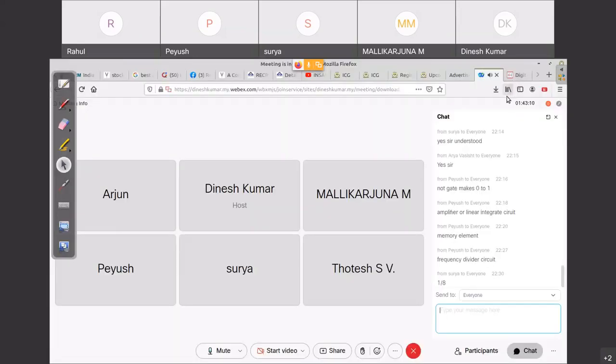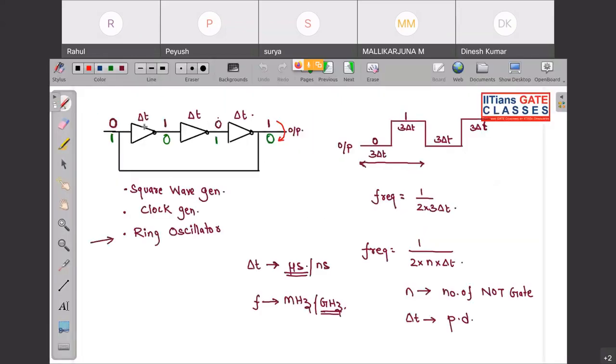So is this a square wave generator? Tell me yes or no very quickly. No. So then what is the condition for such kind of circuit to be a square wave generator? Note, the condition is that number of NOT gates should always be odd.